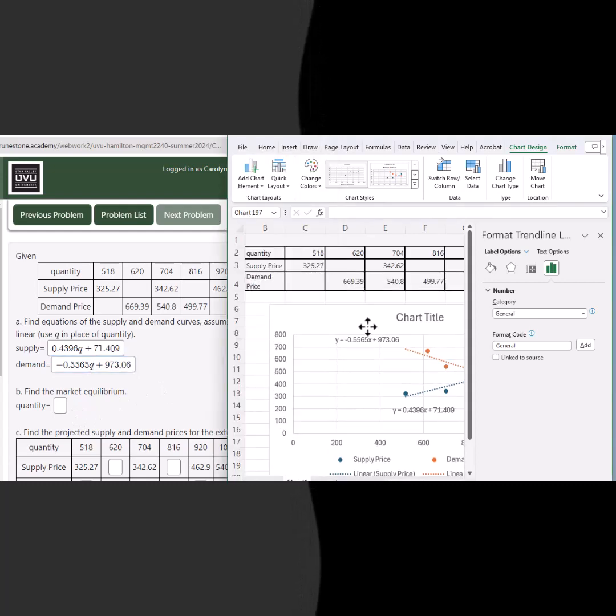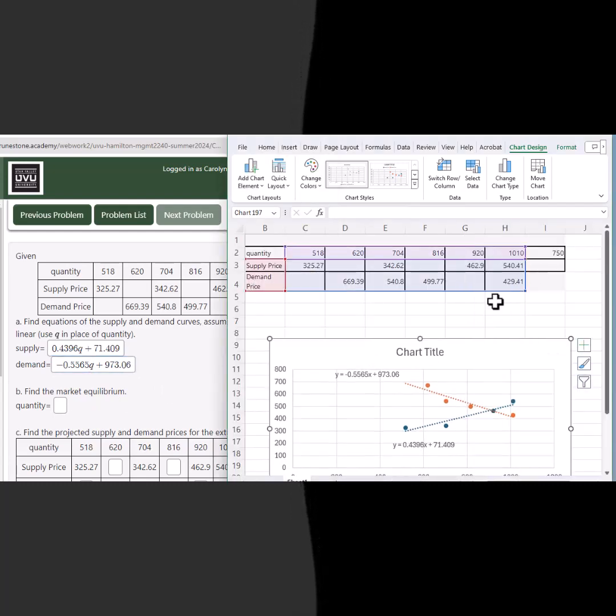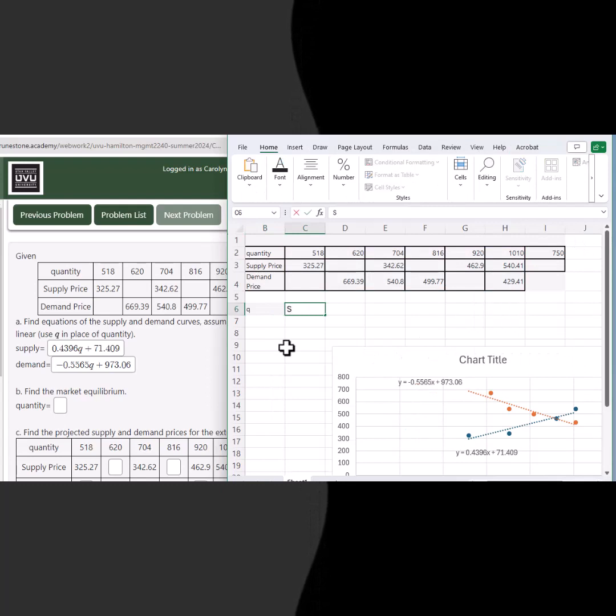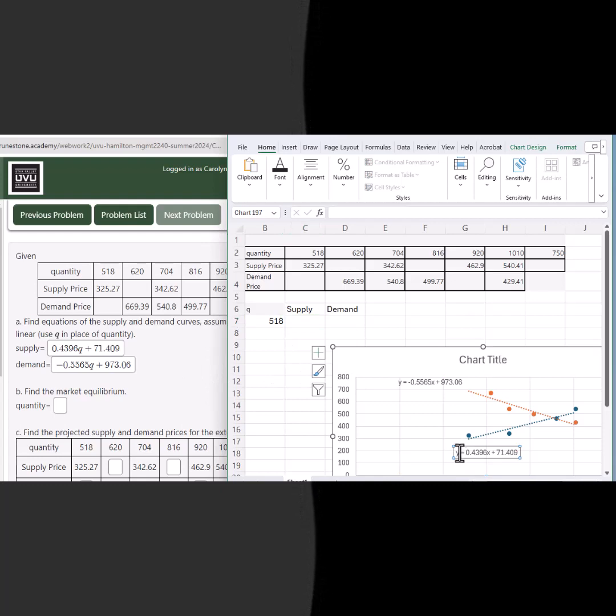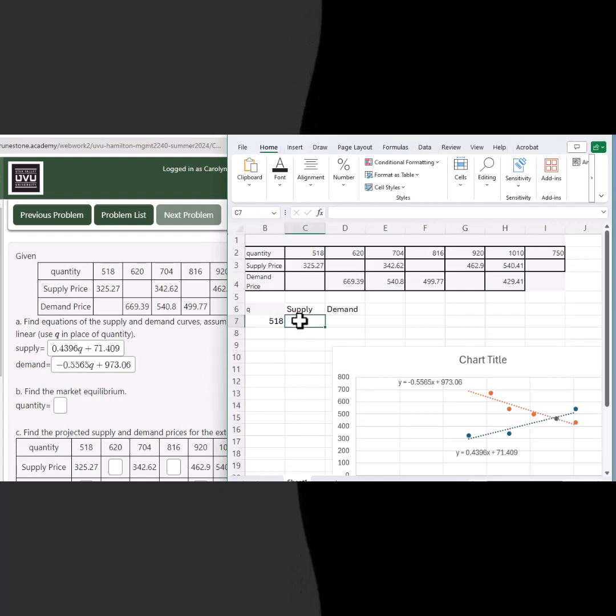Find the market equilibrium quantity. For that, I need to program in the functions. Number of units, I'll start with 518. Supply. Equals sign, 0.4396 times my units.